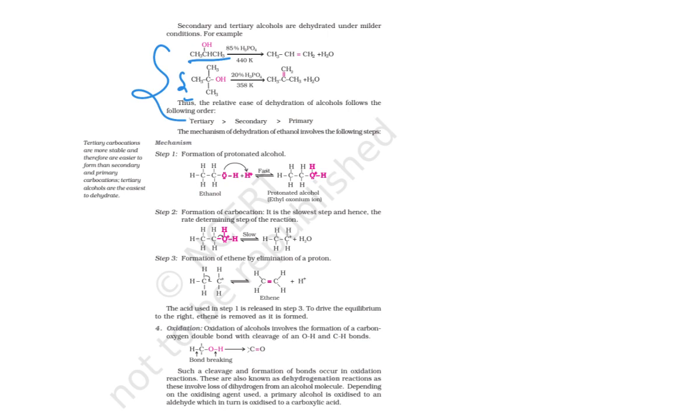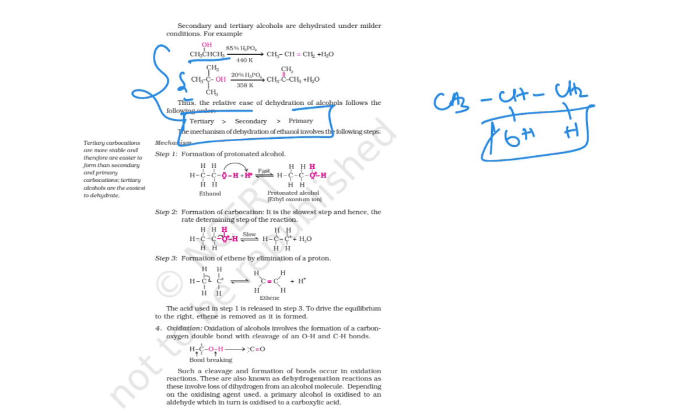So as I told you, the reactivity towards dehydration also, the tertiary is more reactive compared to the primary and secondary. Look here, CH3, CH, OH. Here I am taking the hydrogen here. For secondary alcohol, what is the reagent we need to use? 85% phosphoric acid, H3PO4, at 440 Kelvin, we will get propene.